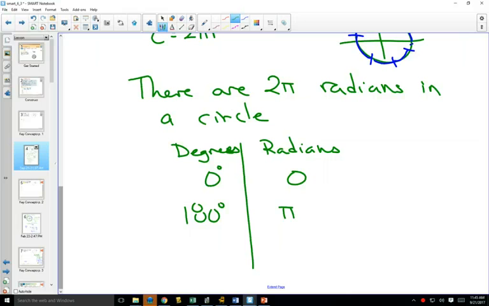Pi radians. Why? There's one I want you to get before these two. Well, 0 is not bad, but the whole circle is 2 pi. Whole circle in degrees, 360 degrees.